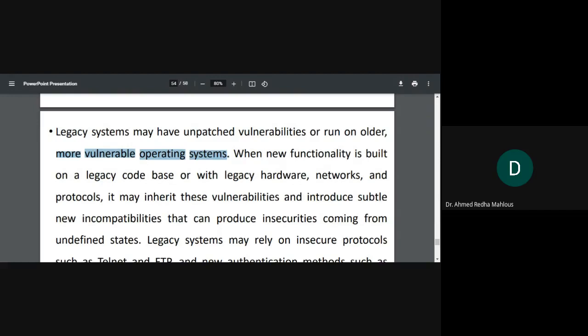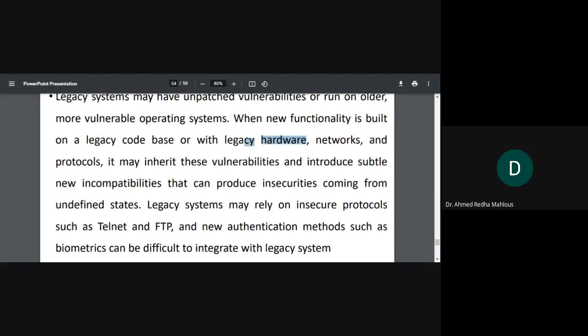Sometimes you need new functionality built on legacy hardware, networks, or protocols. For instance, I will connect that CPS machine to the internet. That CPS machine has old hardware, and uses an old network and old protocol, with a new functionality that will allow that device to access the internet.